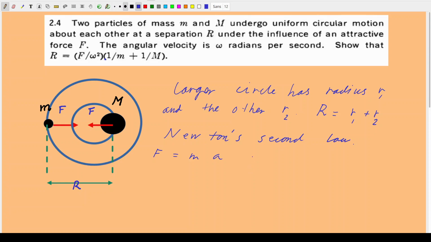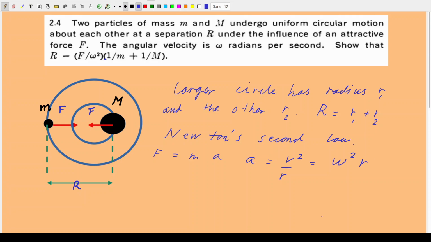In the case of circular orbit, a equals v squared over r, the centripetal acceleration. And it can also be written like this: omega squared r.